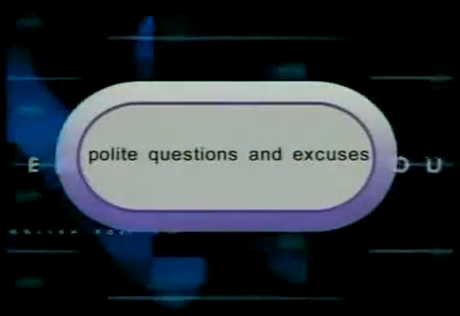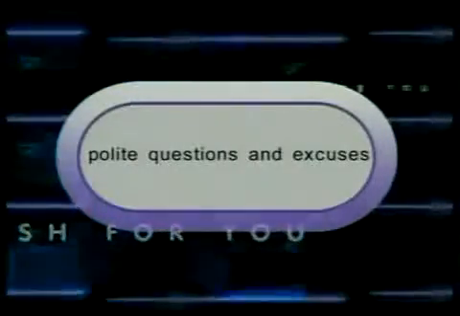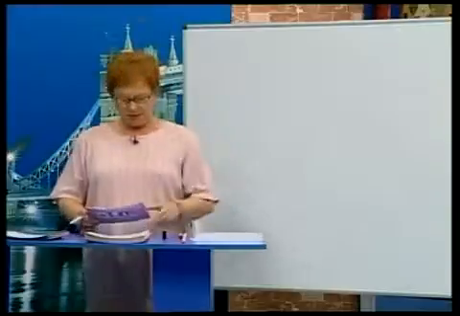Polite questions and excuses. Now, when we refuse an invitation, we just don't say no because people will think we're not polite. So first, we thank the person for asking, and then we usually make an excuse.